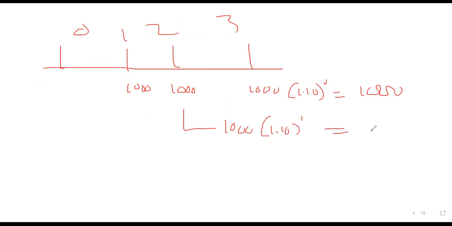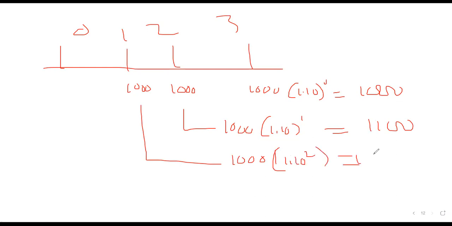You're going to get 1,100. This one will stay how many years up to year 3? 2 years. 1.10 to the power 2. So here you're going to get 1,210. So the total that you're going to get here is 3,310. So this is what we call our future value of an annuity.